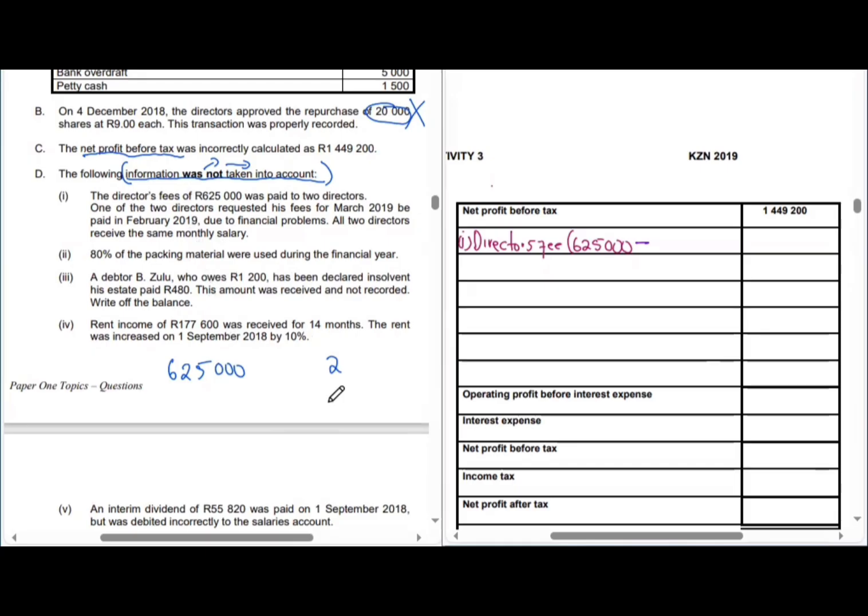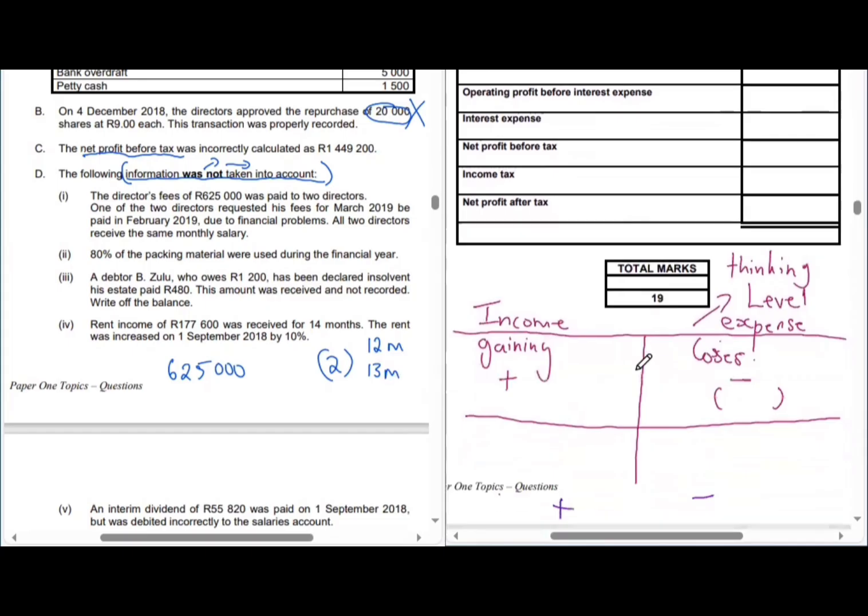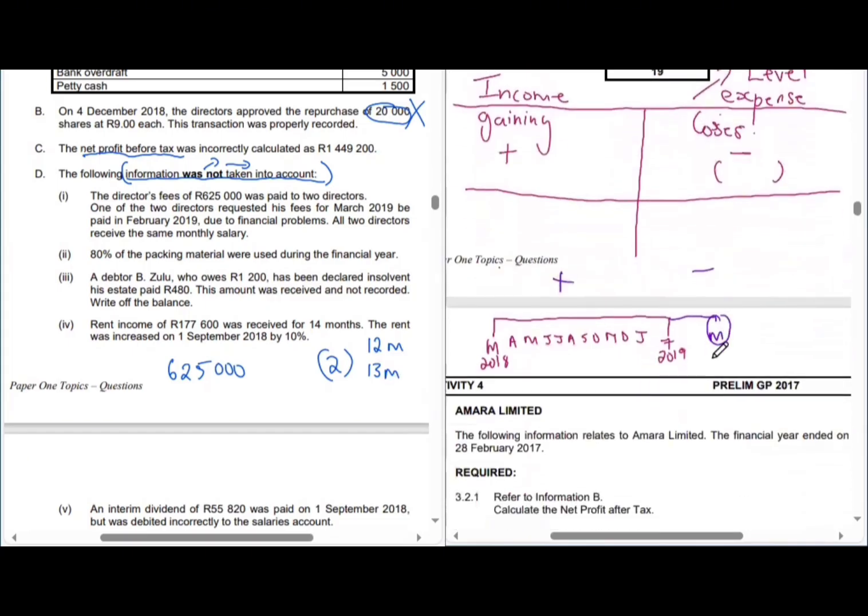So guys, in accounting we stick within a 12 months period. So the first director will have 12 months, and the other director will have 13 months. Why? Because he requested his salary for March to be paid during February. So this director got 13 months, while the other director got 12 months.